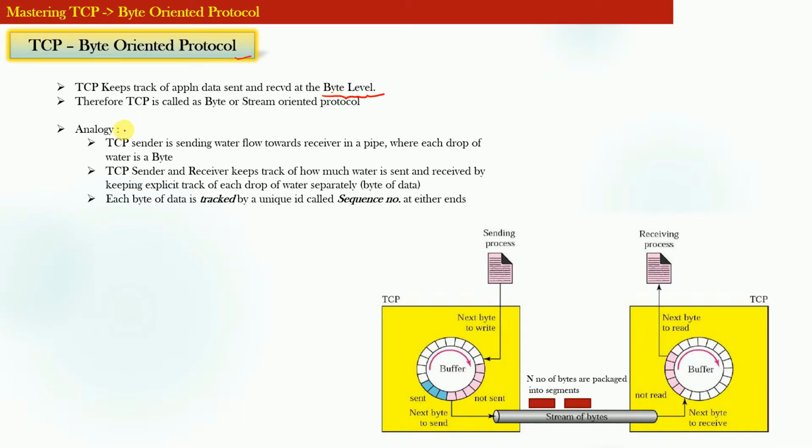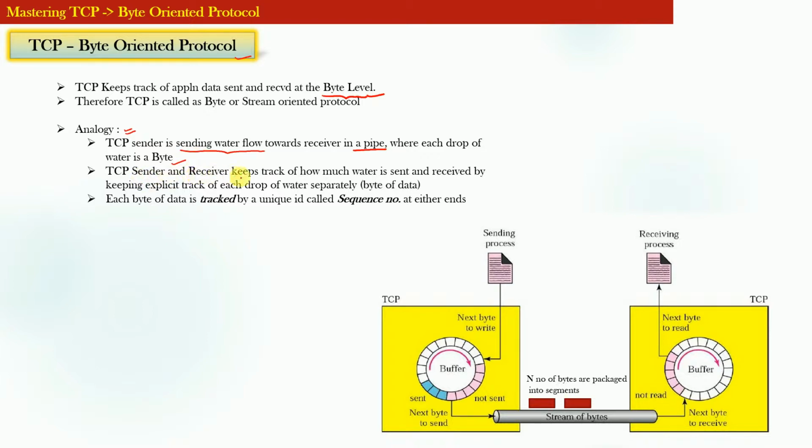So let us compare this feature of TCP protocol with an analogy. The TCP sender is sending a water flow towards the receiver in a pipe, right? So it is as good as somebody sending a water flow towards the other end in a pipe, where each drop of water is equivalent to a byte of data.